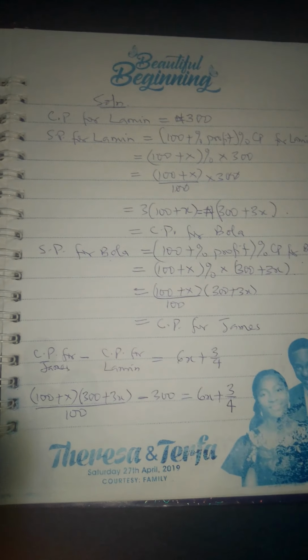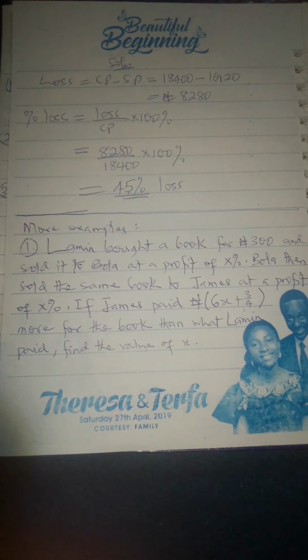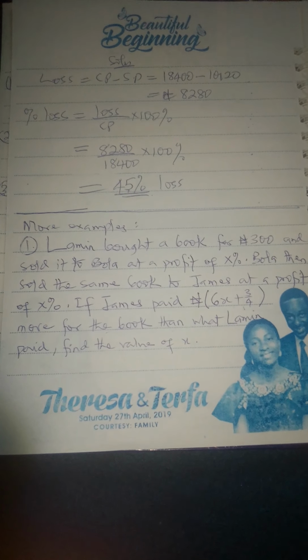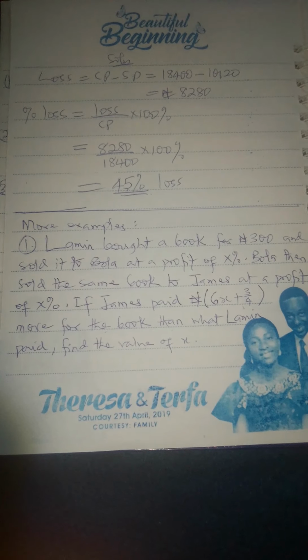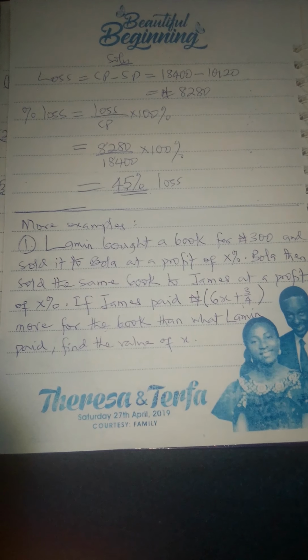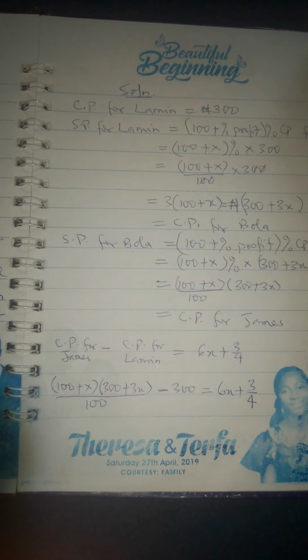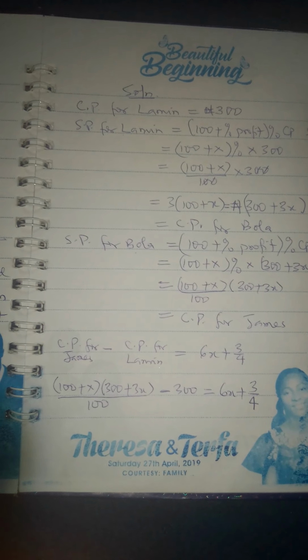Now, when you go to the third sentence in the question, we were told that James paid (6x + 3)/4 more for the book than what Lami paid. The cost price for James was (6x + 3)/4 more than the cost price for Lami, which mathematically you will interpret as cost price for James minus cost price for Lami equals (6x + 3)/4.